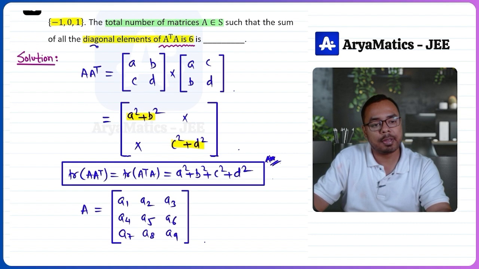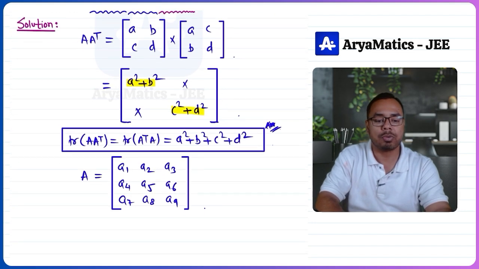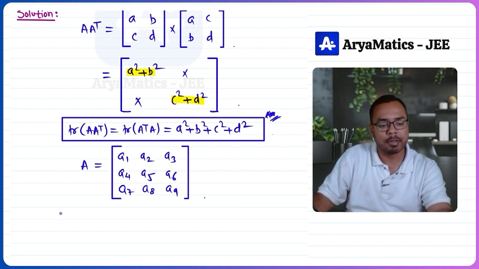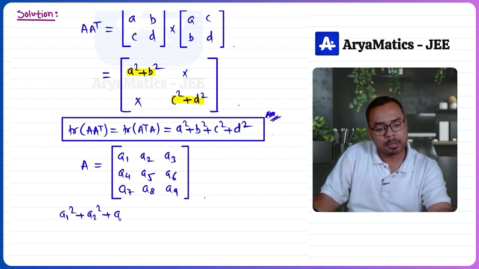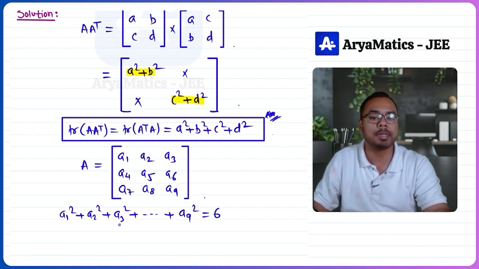Now it is given that trace of A into A transpose or A transpose into A is 6. So what is the meaning of that result? That sum of square of all the elements in this matrix must be 6, which means A1 square plus A2 square plus A3 square, and in this manner up to A9 square, must be 6.